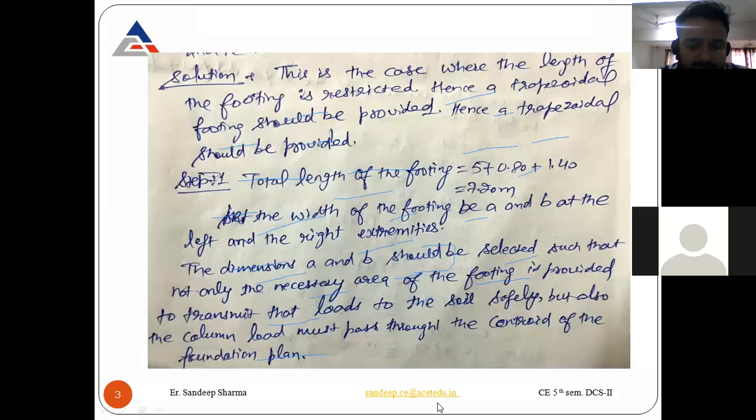So the solution, as I told you earlier, is the case where the length of the footing is restricted, so hence the trapezoidal footing should be provided.